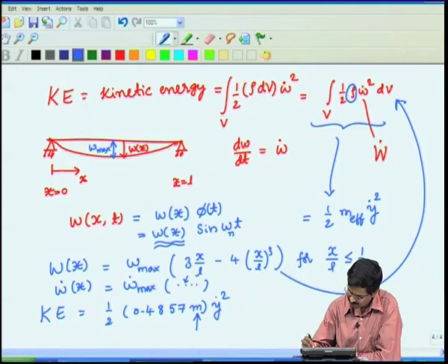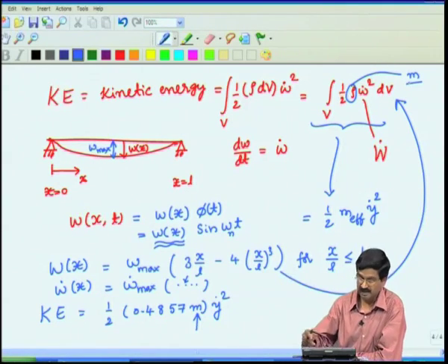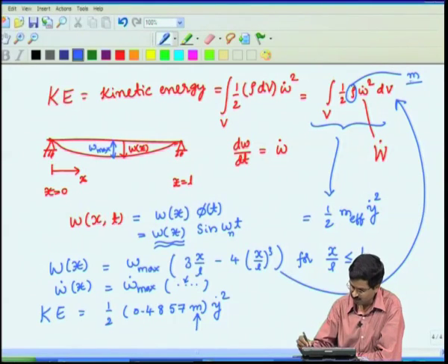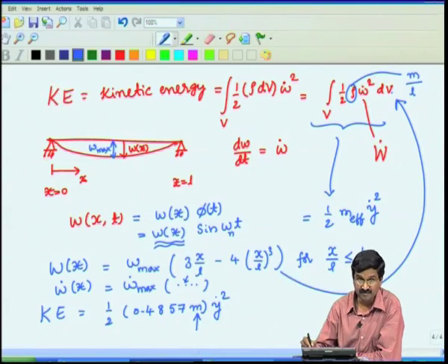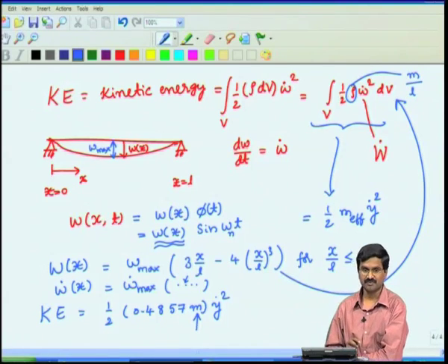This quantity rho is the mass per unit length, because the area is also taken. If I say this rho is m by L into A, this A and the A that is there in dV will get cancelled, and I will just have m by L. So, that m is coming because of that.